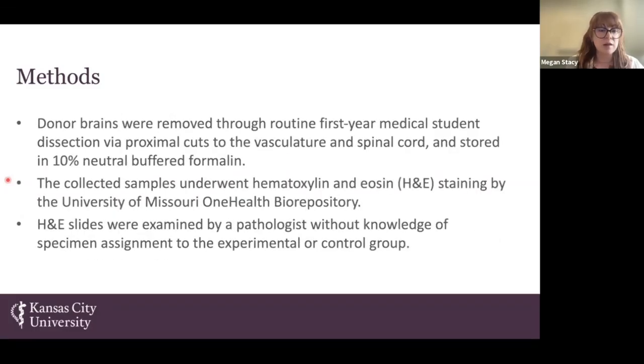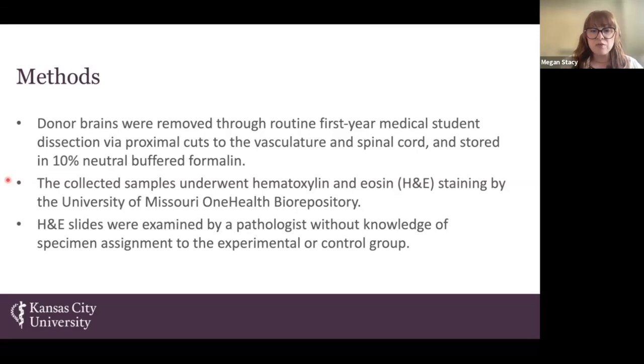Just to note, the donor brains were removed through routine first-year medical student dissection via cuts to the vasculature and the spinal cord, so that did lend to some variability in how much internal carotid I had available for sampling.